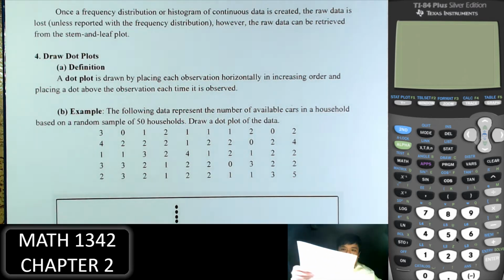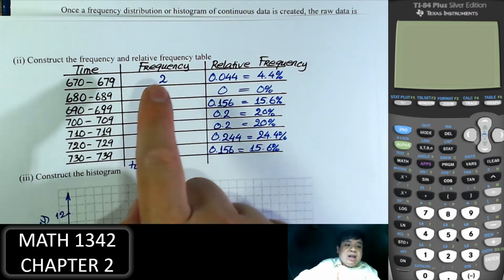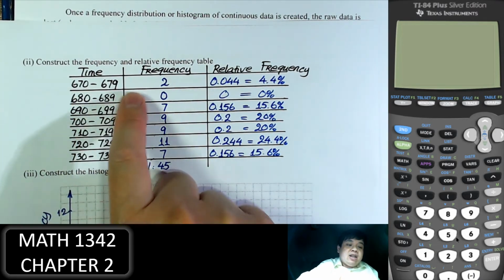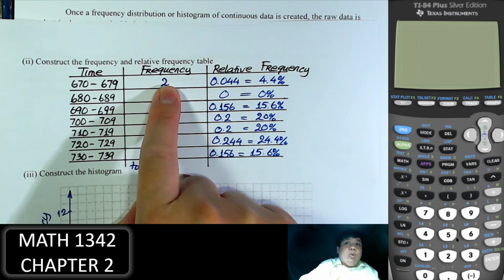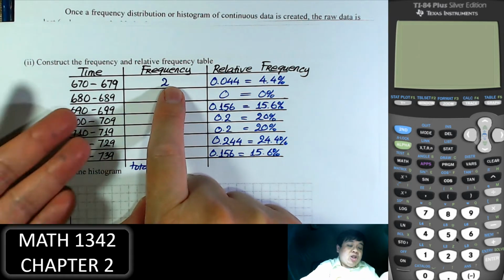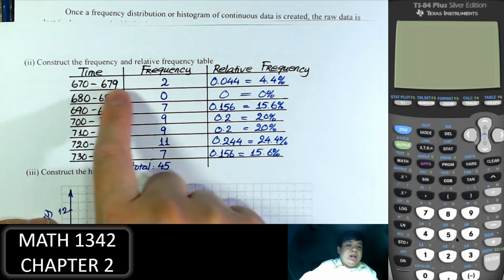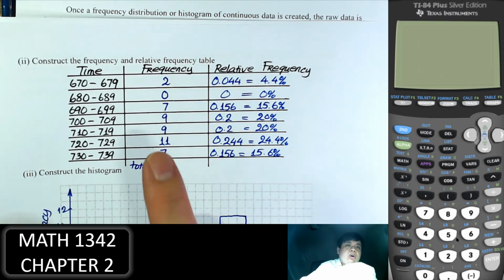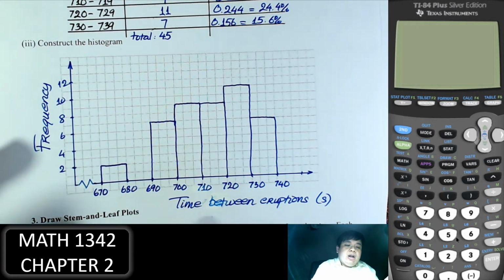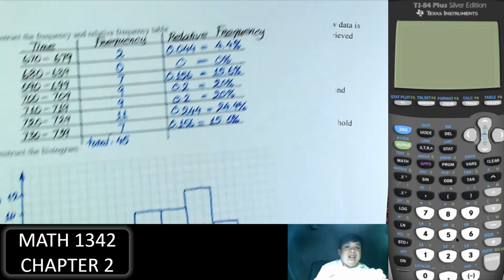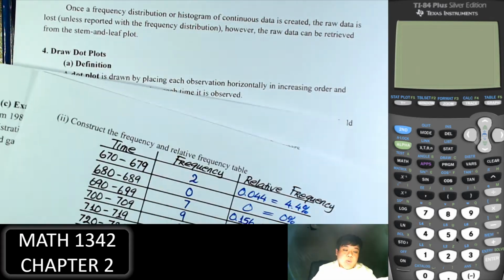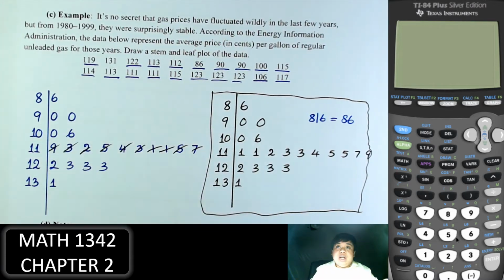For example, if between 670 and 679 there are two values, we will not know exactly what they are. Is it 671 or 678, or who knows? We know there are two of them in this range, but we don't know the exact values. So the histogram will not tell us the exact data, but the stem and leaf plot will tell exactly what we have for each data point.